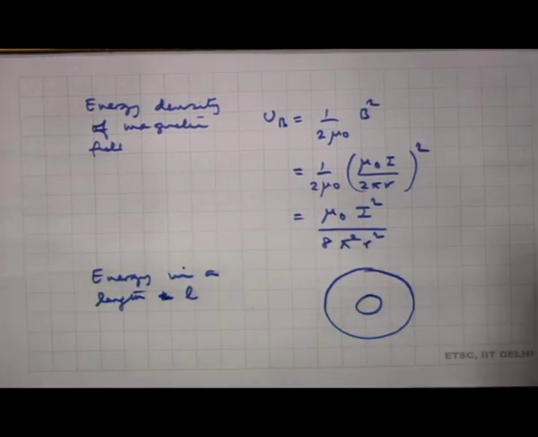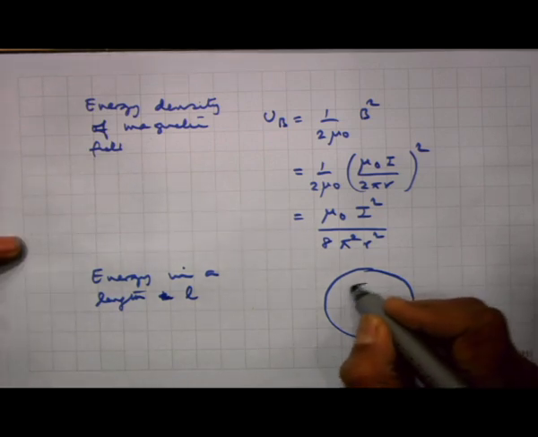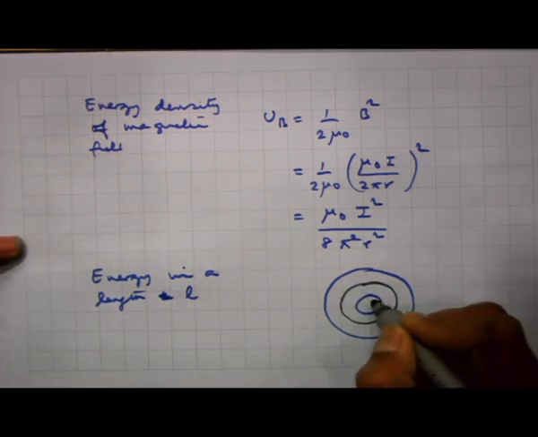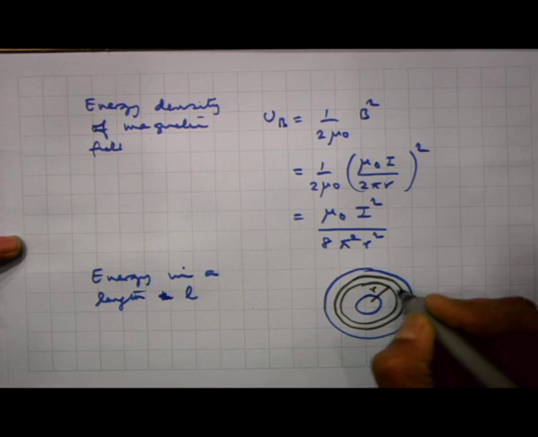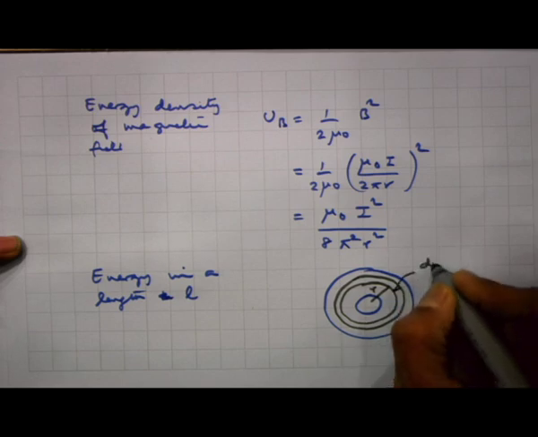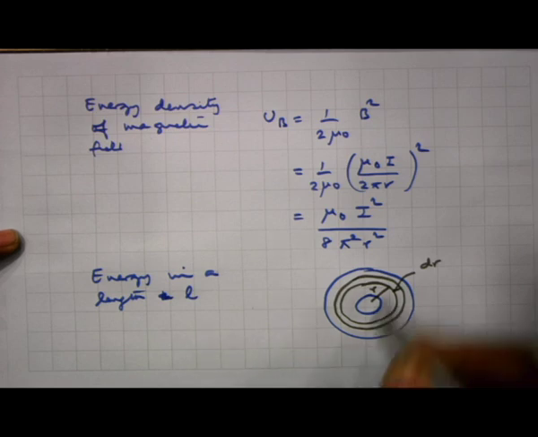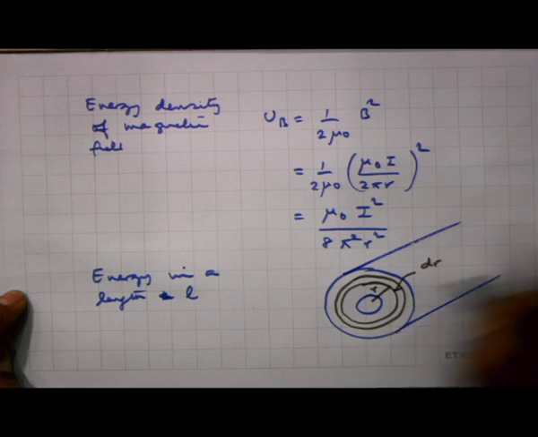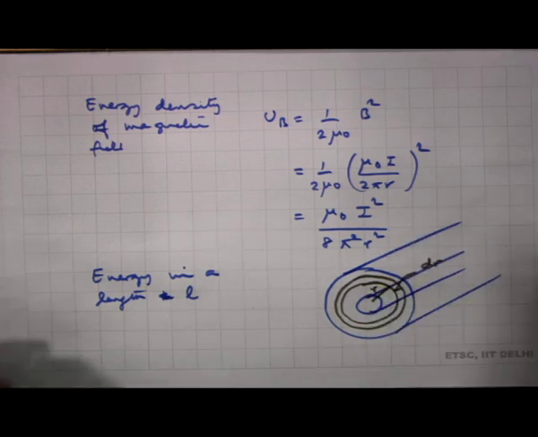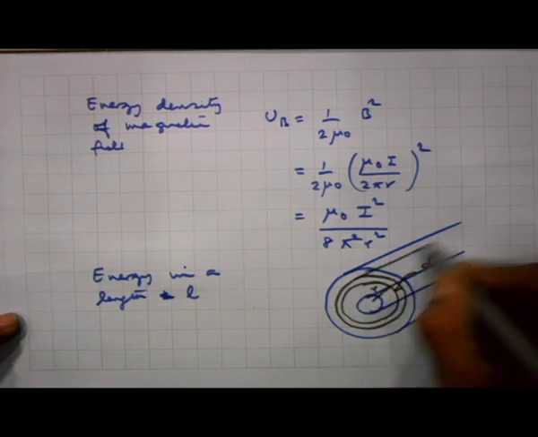So, I take a radius r and r plus dr. This thickness is dr and of length L. So, the coaxial cables are going like this, and I want to take a length L.